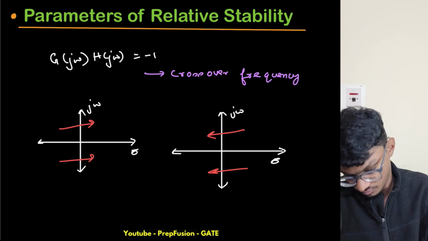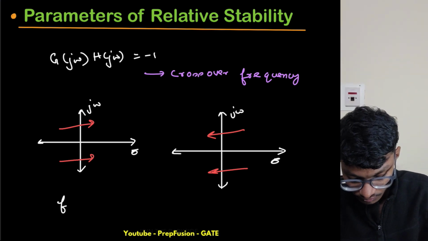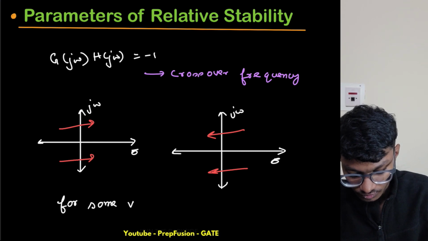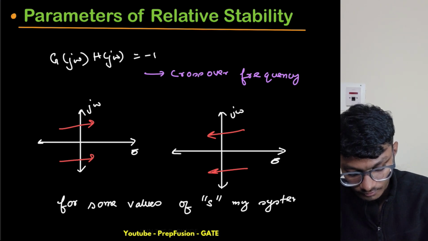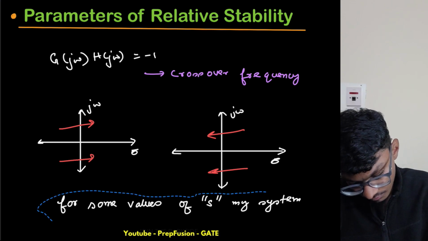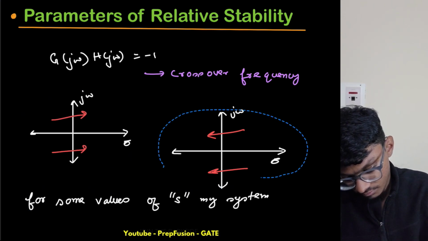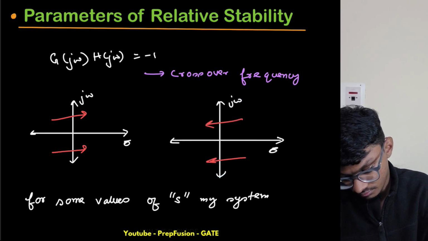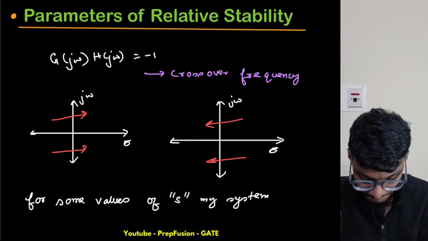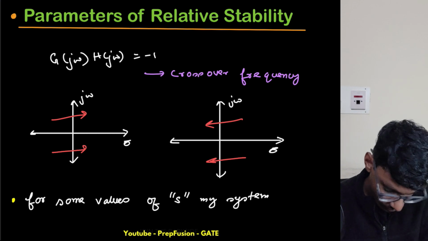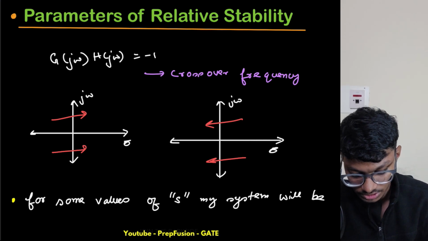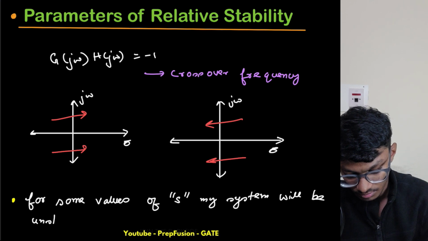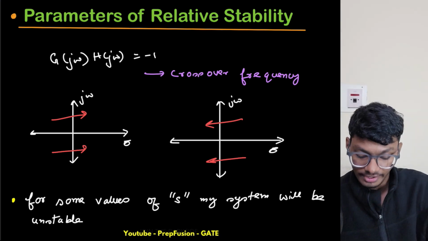So whenever I get a crossover frequency for some values of s, my system will be unstable.